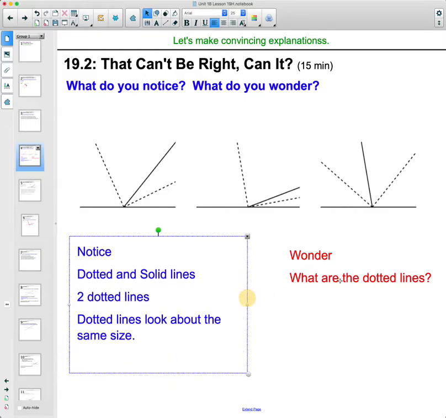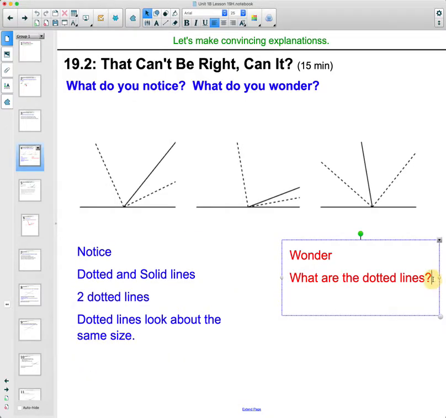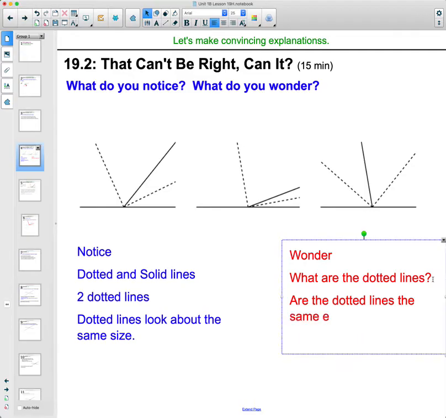Which other people wondered, are they the same size? Are the dotted lines the same angle each time?